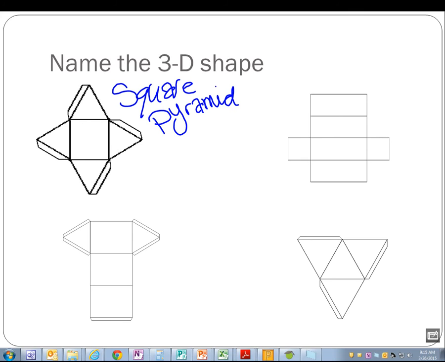Pyramid. Let's go down. What is that net? These are nets. Can you guys write nets if you don't have it? Okay, Nick? It is a triangular prism. You are correct, sir. How do you know that?